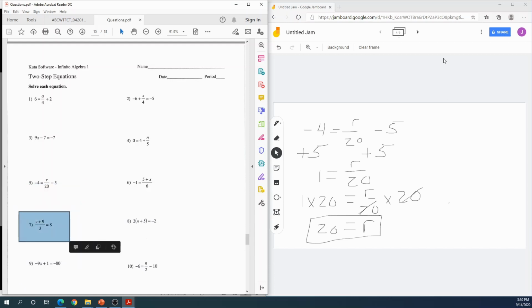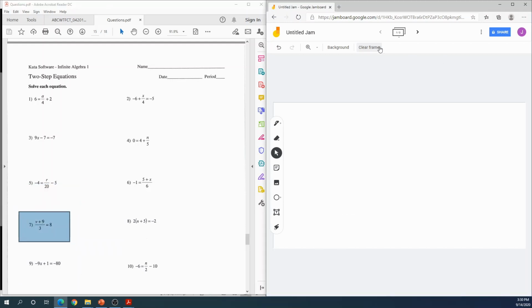Let's take a look at problem number 7. So for number 7, we have v plus 9 divided by 3 is equal to 8. So the first thing let's do is multiply it by 3.